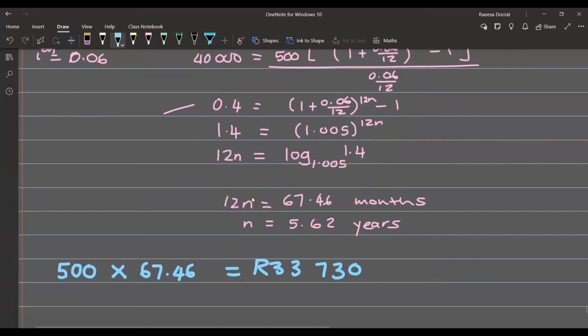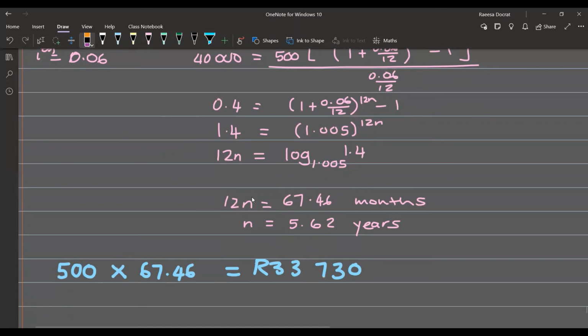So if she puts it in a savings account, it will grow up to 40,000. If she just saves it without it accumulating interest, it just grows until 33,730.